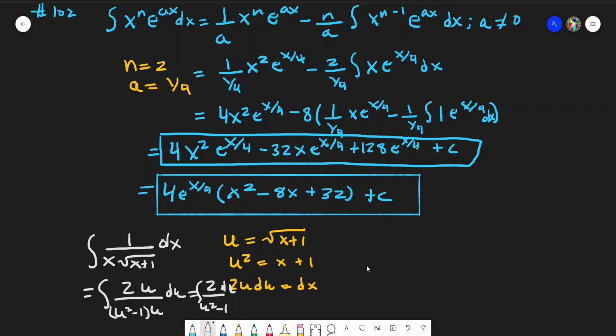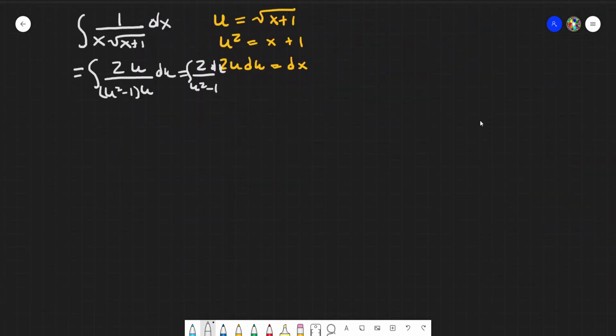But notice that I've already used one method in this case, which is u substitution. So there is actually another way that we can do this question. So this question has that the integral is of the following form. I refer to this as integral number 89.